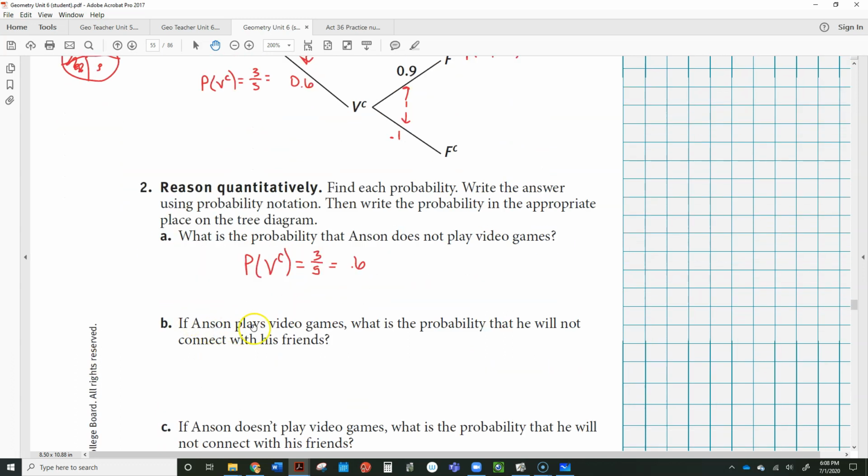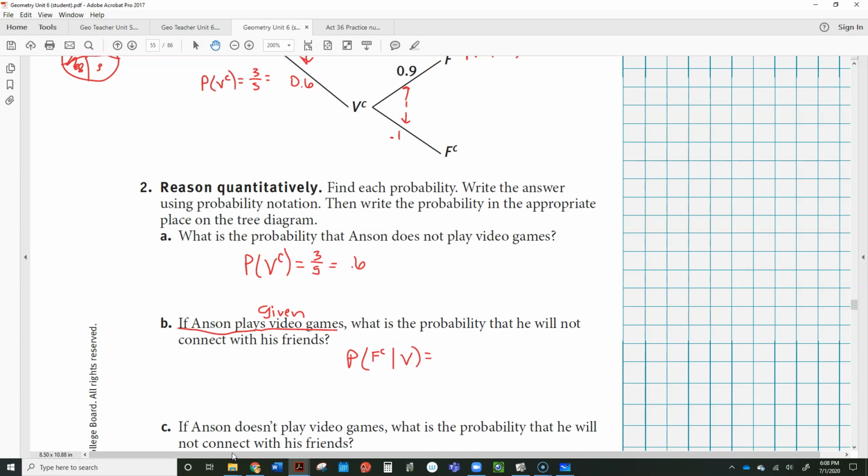So this one says if Anson plays video games, see, this is the given right here. Okay, what is the probability that he will not connect with friends? So not friends, given that he played video games.